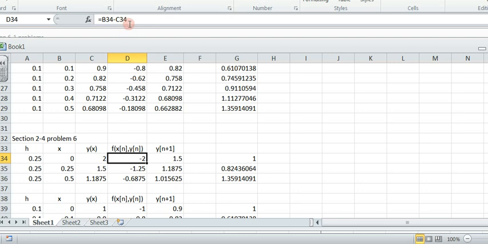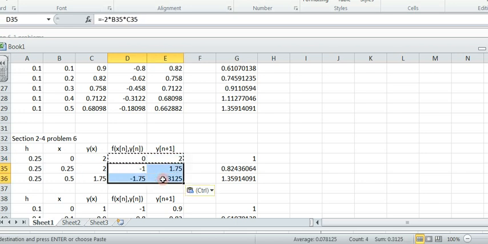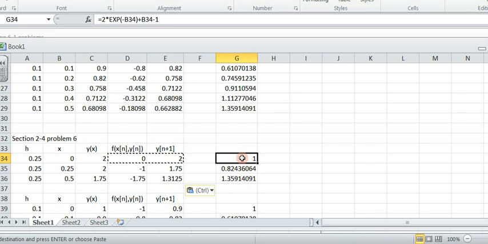And this is going to be minus 2x, which is b34, times b34 times y, which is c34. Okay, looks good. 2 goes there. Copy and paste these guys there. And that should be done except for our exact answer.